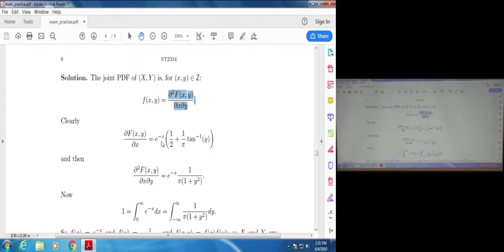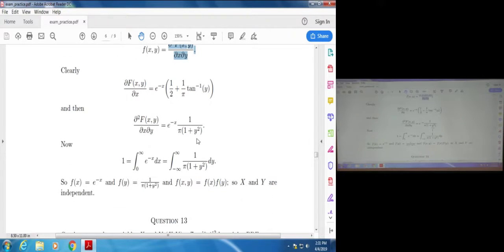Now, if I differentiate with respect to y, this one is 0, and the derivative of tan to the minus 1, you can check, is 1 over 1 plus y squared. You can do that by implicit differentiation methods. Okay, and I know for sure that they teach that at A level. So that's the joint PDF.